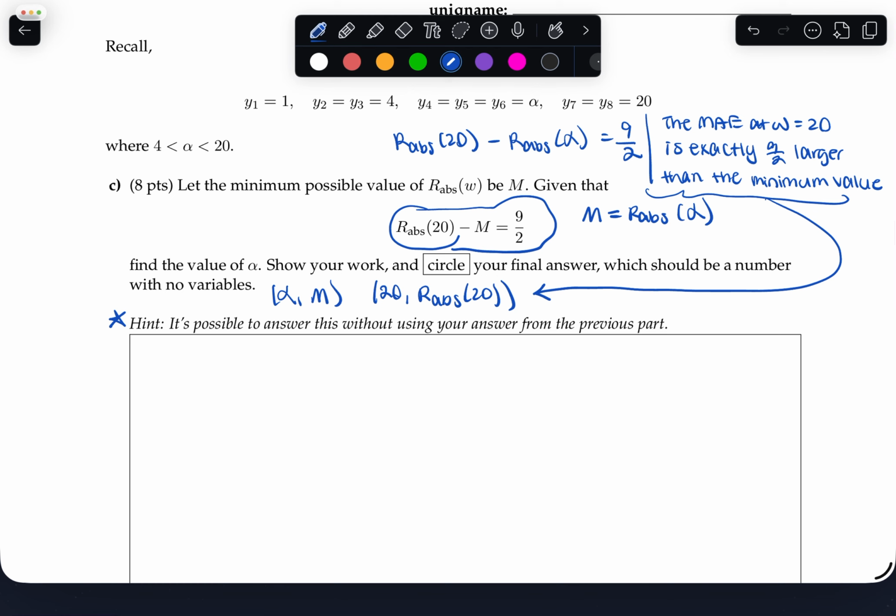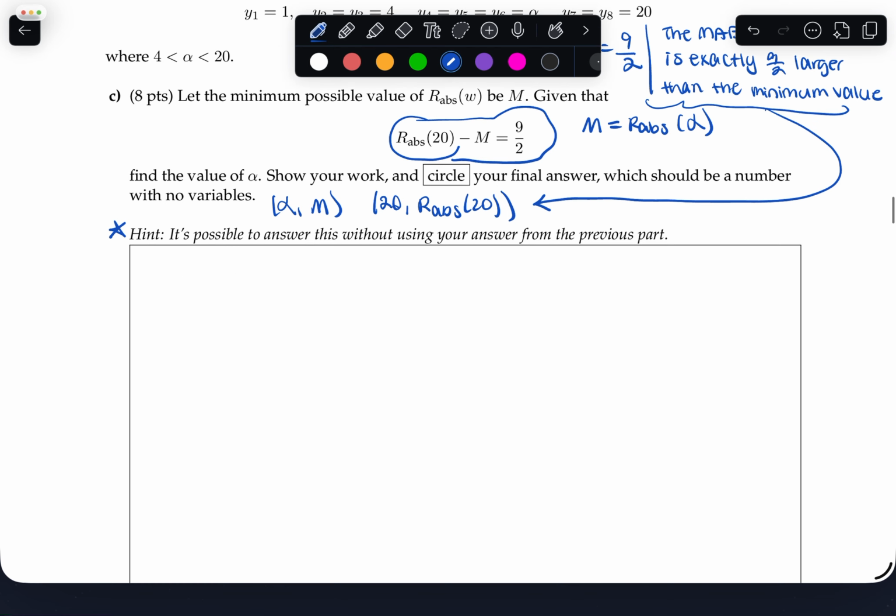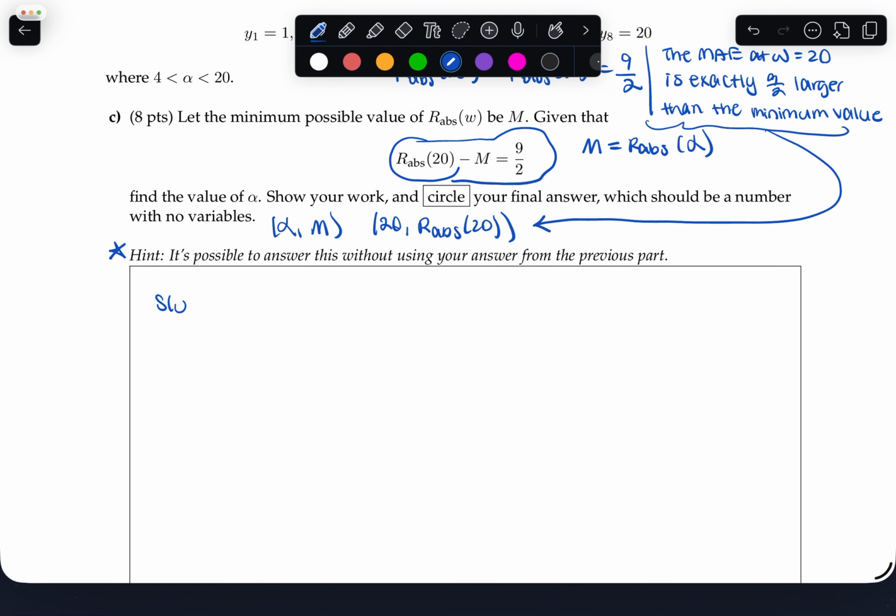So using the geometry of MAE, the slope is equal to the number of points on the left minus the number of points on the right, over n. And for this problem, n is equal to 8.